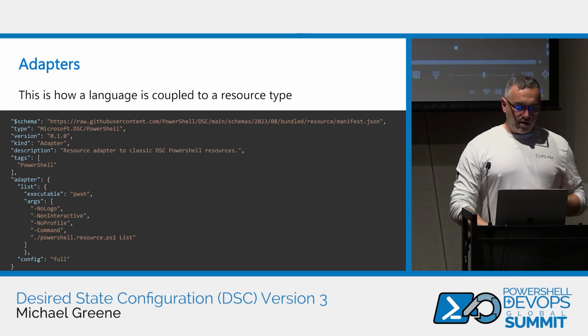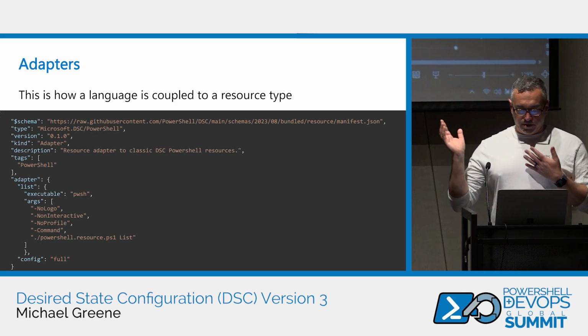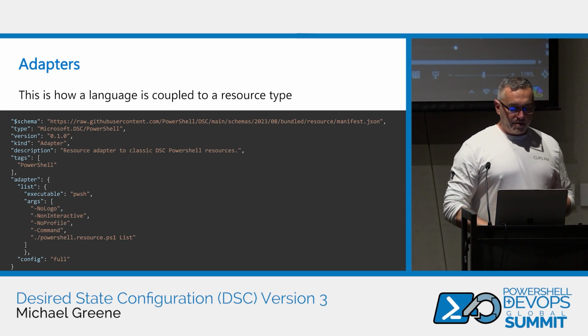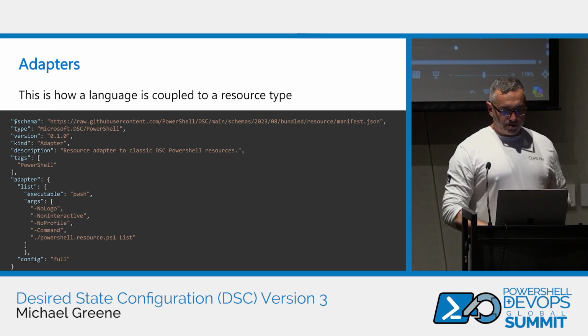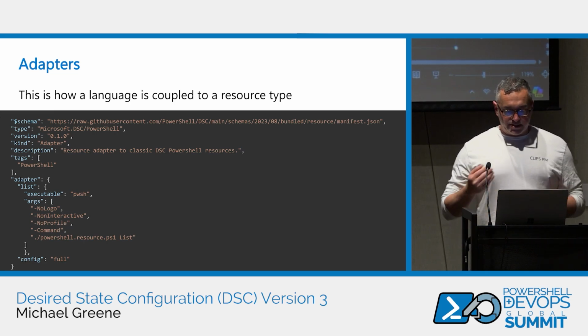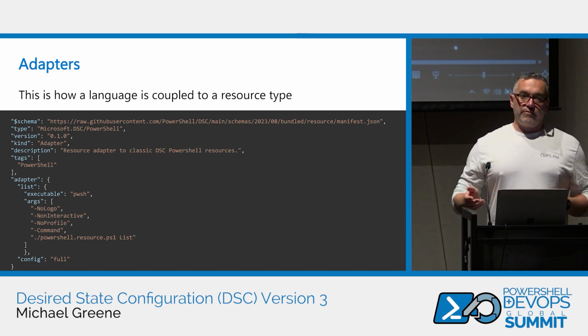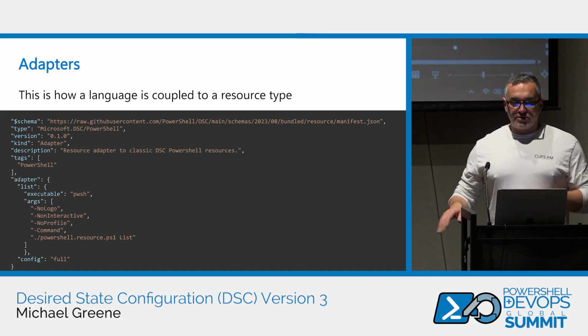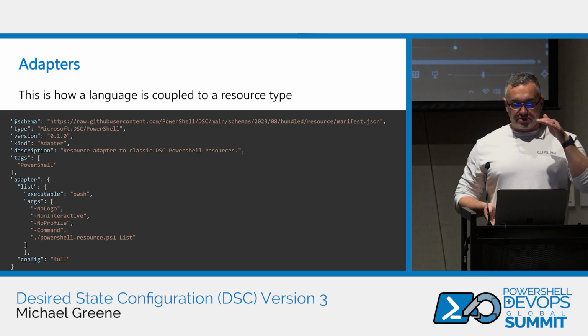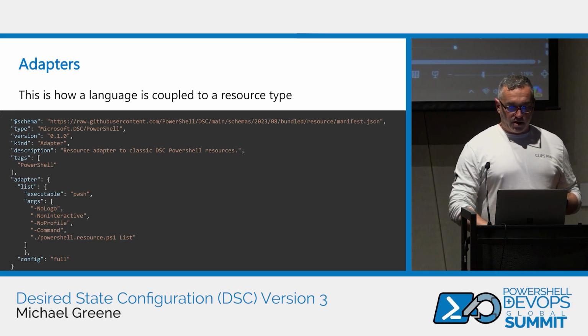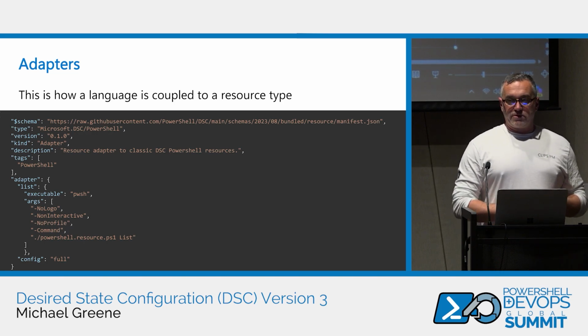And then what you would see if you were to look, and we can go look at the GitHub repo if you'd like, under the type adapter, as an example, is the list operation. So when you run the equivalent of Get-DscResource, and it lists the available resources, it's saying call pwsh, pass in these arguments, and then run this script and pass it the parameter list.